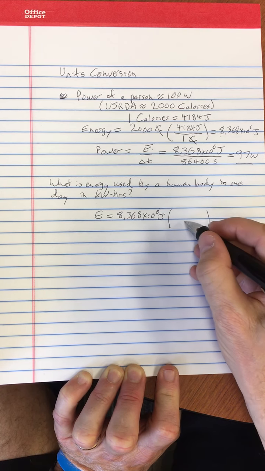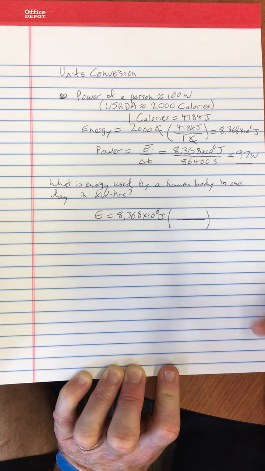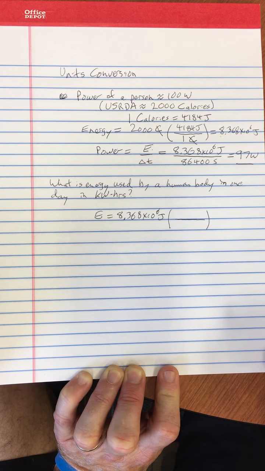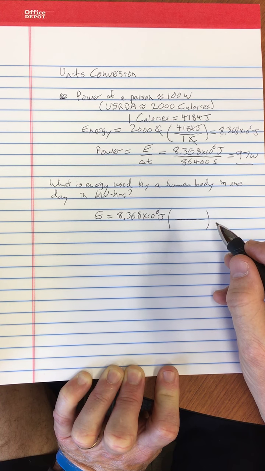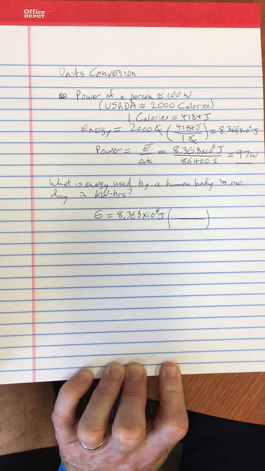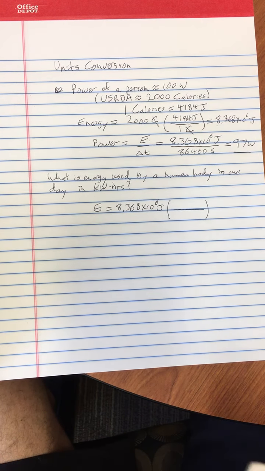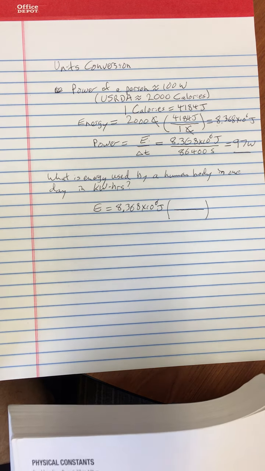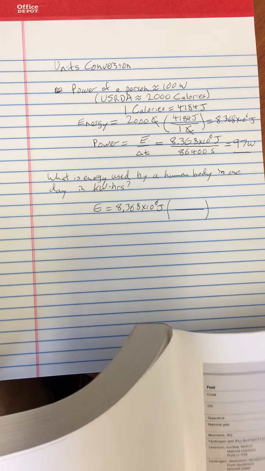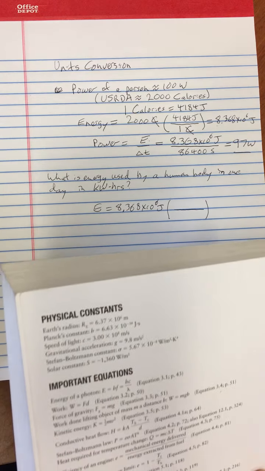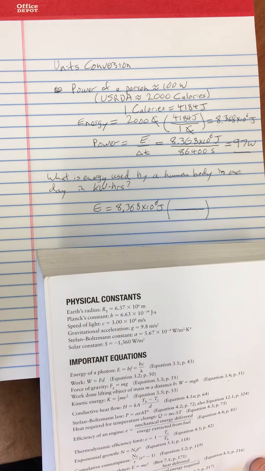So what's the conversion factor from a joule to a kilowatt hour? Okay, well, I can look up that number in my book and see what it gives me for conversion factor between joules and kilowatt hours.